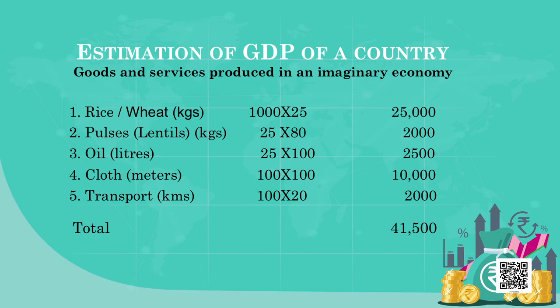The total value of GDP in that imaginary country where 5 goods and services are produced is 41,500. This is the total value of the final goods, the final goods used at the place of the consumer.